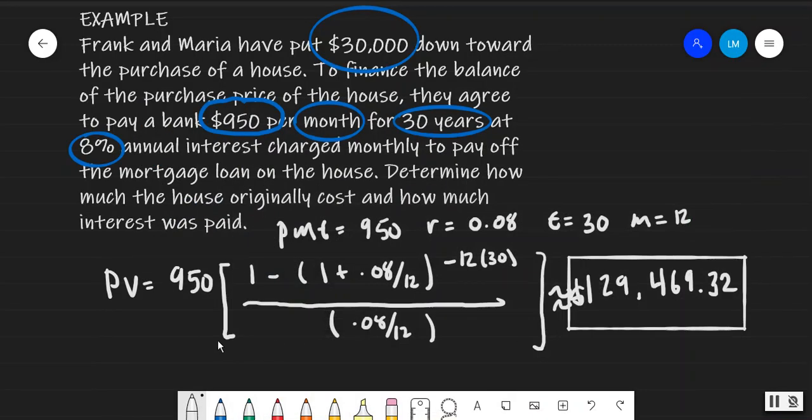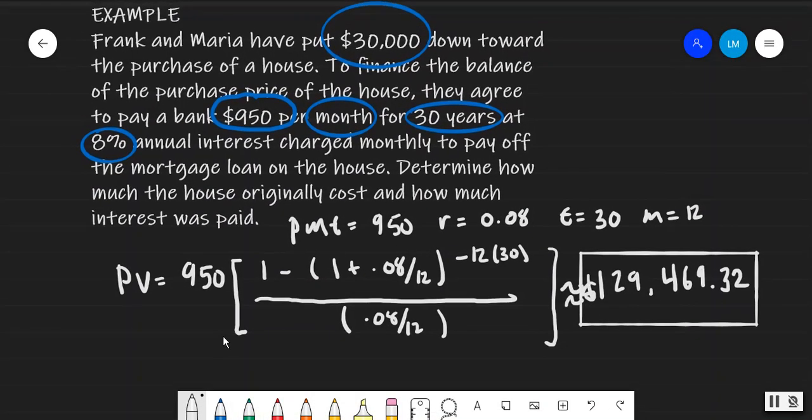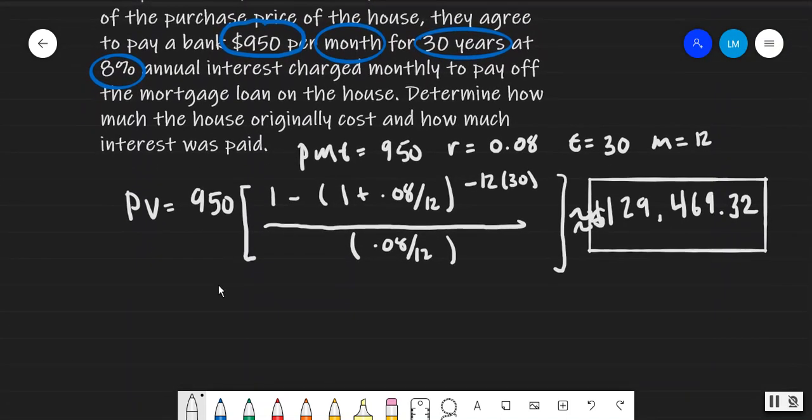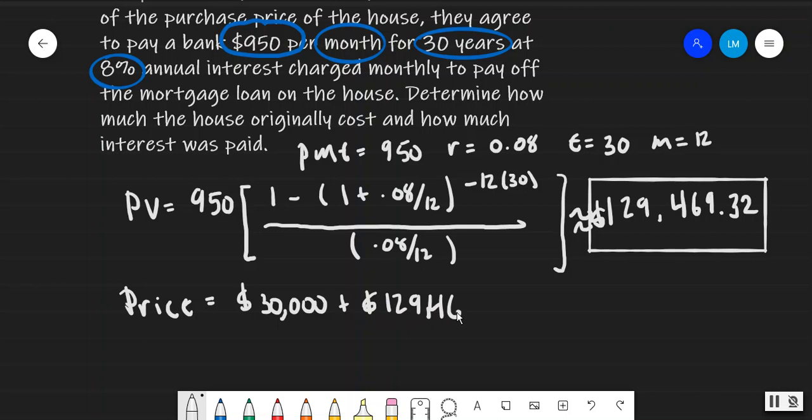Okay, now the question actually does ask for the purchase price though. So the price is basically the amount that they put down, which in this case was 30,000, plus the amount that they financed for 30 years, 469 and 0.32.